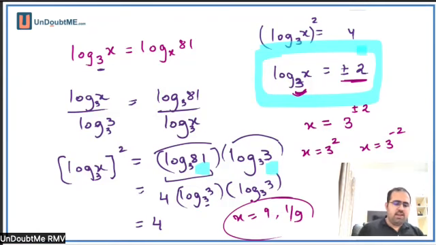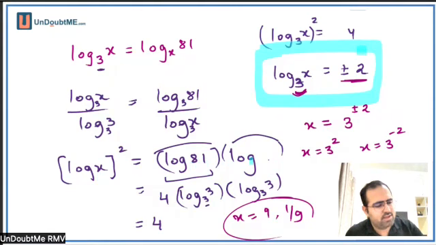Look, in general, we can take any base. But questions are actually framed in such a way that you will not be having all the choices. You have to understand, as per the question, what is the most suitable choice. I could have taken base 5 on both the sides.